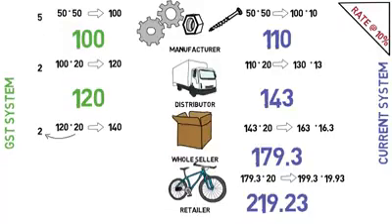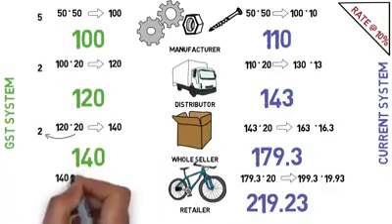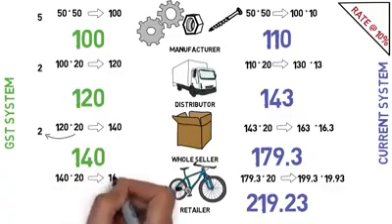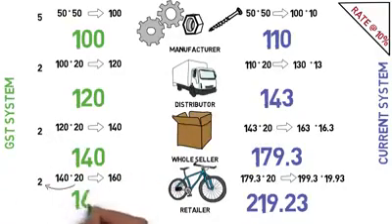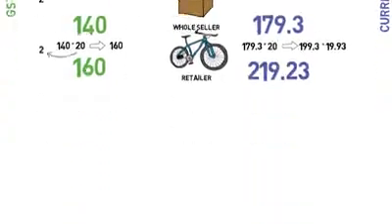The retailer buys the product for 140 rupees, adds a profit of 20 rupees, pays the tax of 2 rupees on his profit of 20 rupees and raises the final consumer price to 160 rupees. So if the prices are compared, the product is 59.23 rupees cheaper in the GST system than the current system. Let's take GST in detail.